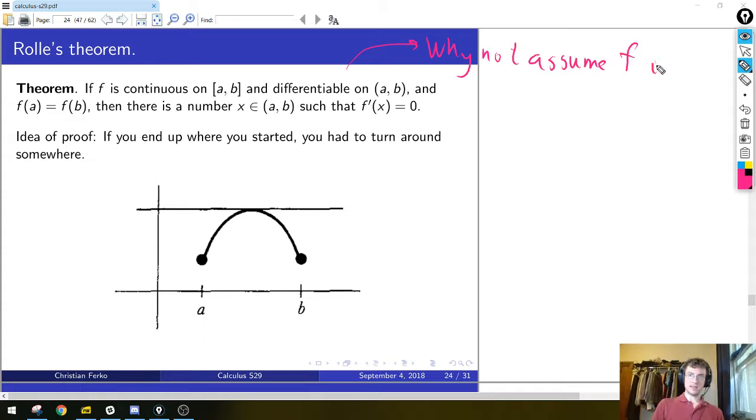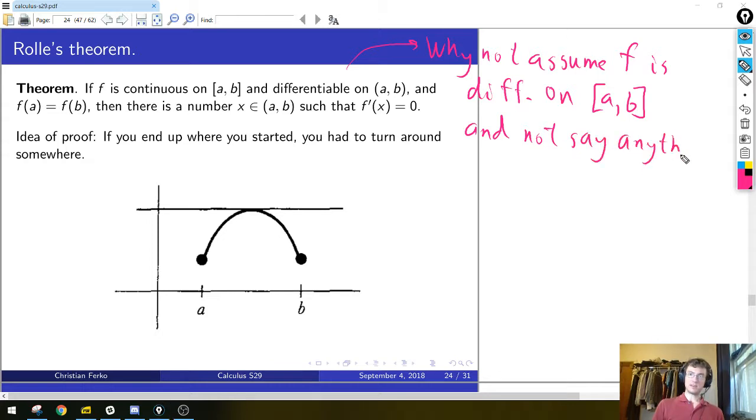that f is differentiable on the closed interval a to b and not say anything about continuity, because if we had stated the assumption this way, so that f is differentiable on a to b, then since differentiable implies continuous, f would automatically be continuous on the closed interval a to b, so we wouldn't need to say anything about continuity.